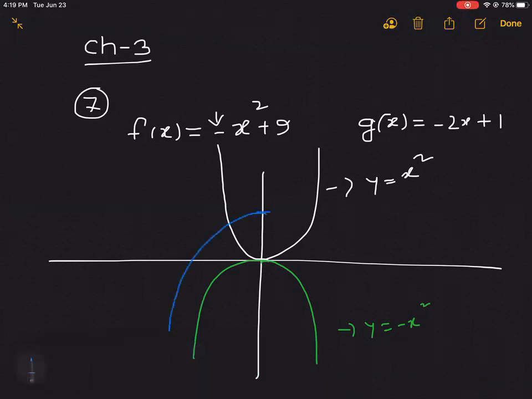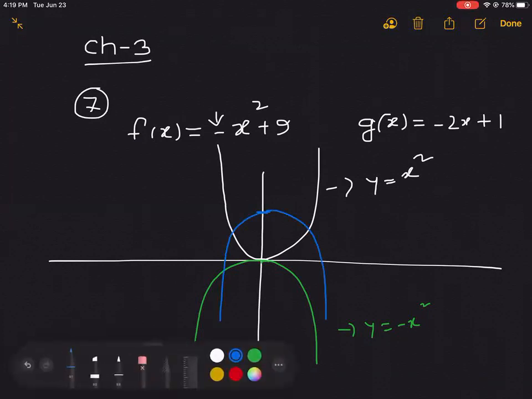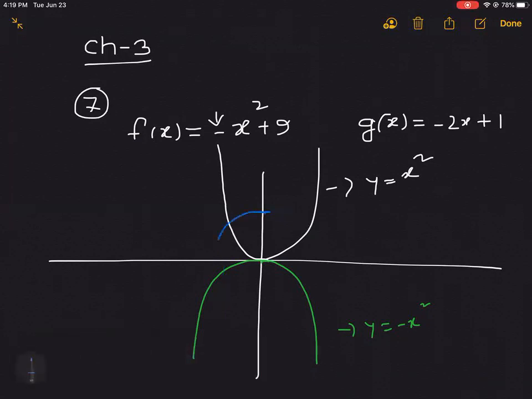So now the graph will look like this. It doesn't look good though. Let me try to do it more convincingly. I hope this is convincing enough. So this will be the graph for negative x squared plus 9. So the first job is done.